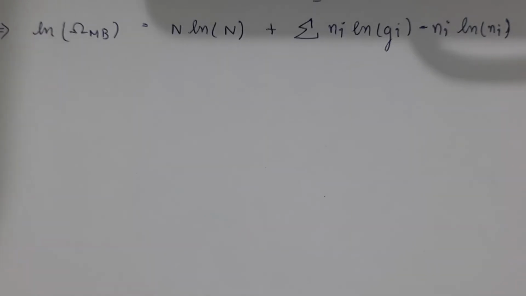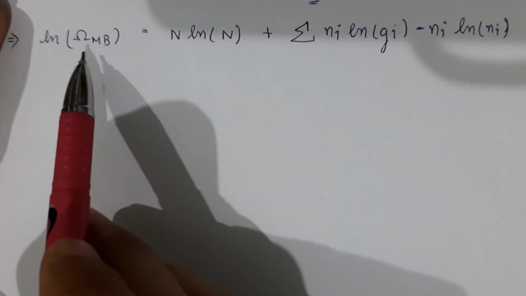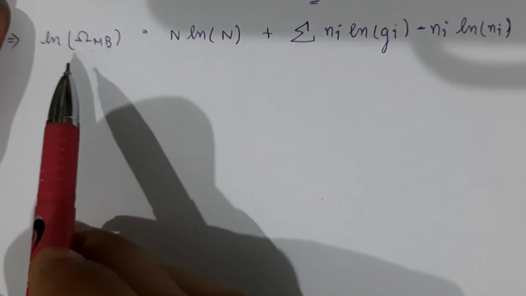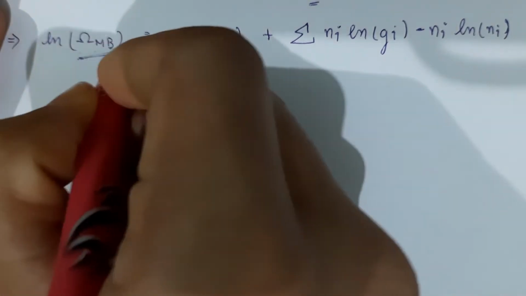Now, to find the Maxwell-Boltzmann distribution law, we need to find the distribution function at equilibrium, because at equilibrium the system of particles will be more stable, and only then will the number of particles be maximum. That is, the Maxwell-Boltzmann representative factor will be maximum at equilibrium only.